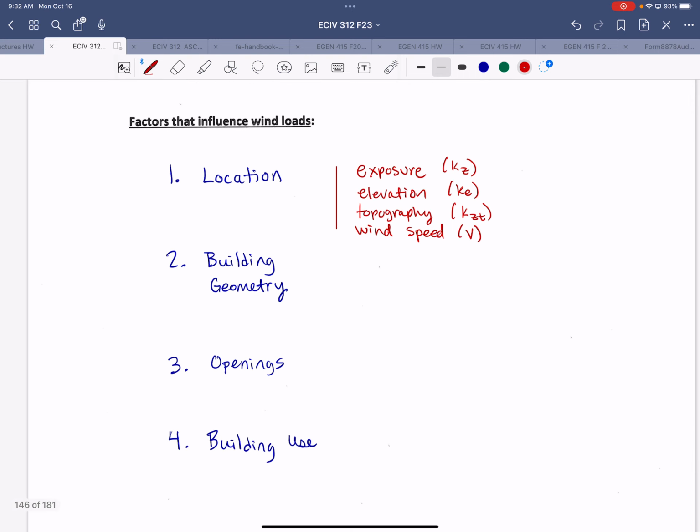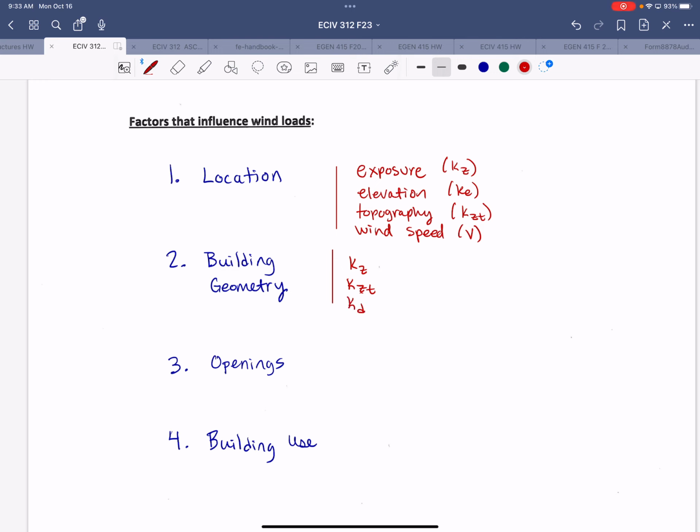All right, and the factors that depend on building geometry. That would be your KZ, right? KZ varies with height. Your KZT, we didn't talk about those details yet, but that one also can vary with height.